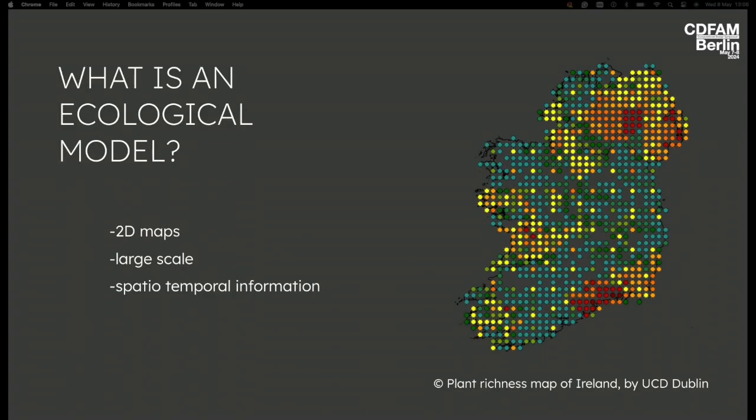So first of all, what is an ecological model? An ecological model is a simplified mathematical way or program to represent a complex ecosystem.